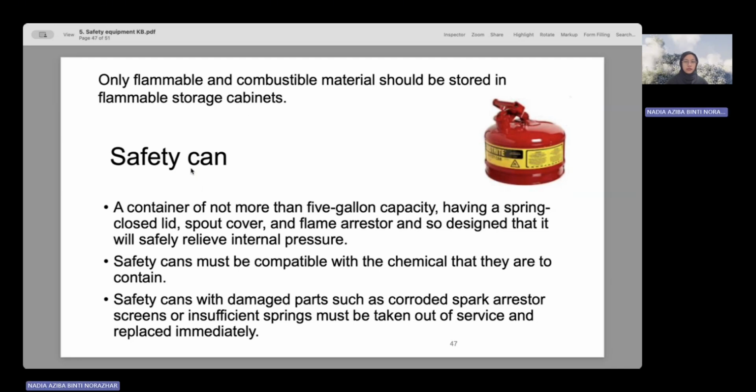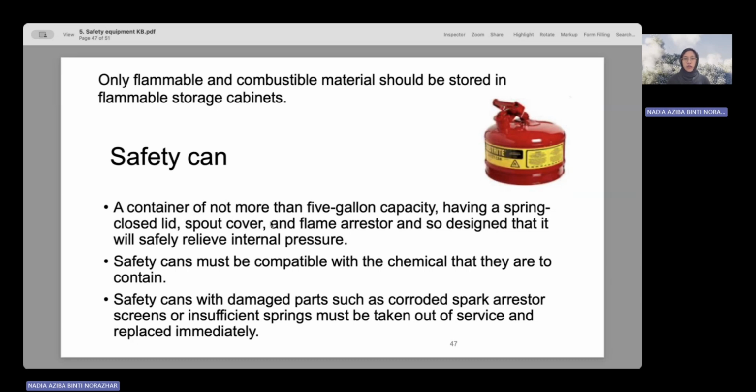Next, we'll be discussing the safety can.